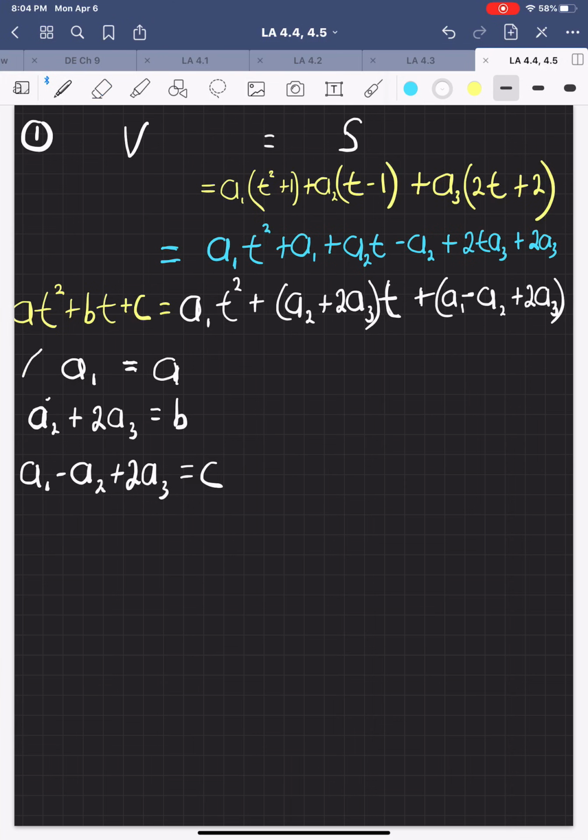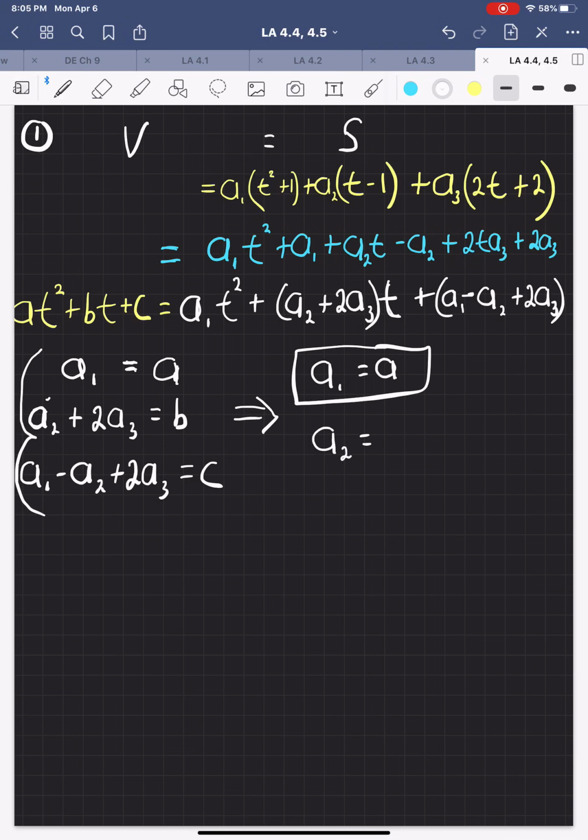We have 3 equations, 3 variables, and you're welcome to go into a matrix at this point if you want to, but I think it's much easier just to see it as, since a sub 1 is equal to a, that makes life very easy. What would a sub 2 be equal to? Well, a sub 2, that's very simple. A sub 2 is going to be equal to, and you can think about it as doing row operations if you'd like to think of it that way.